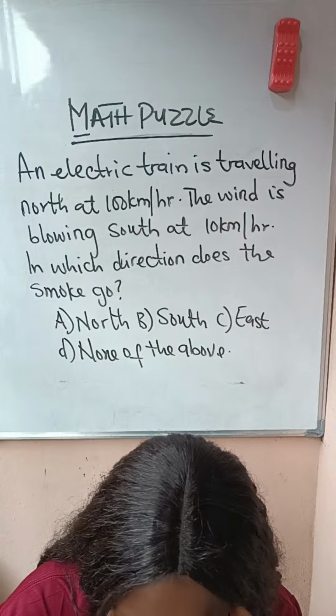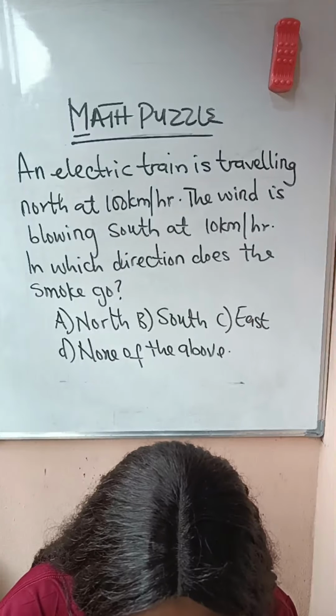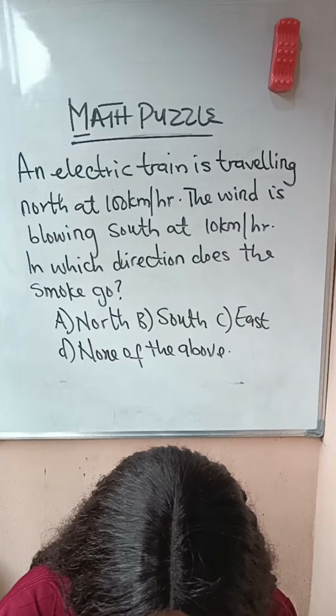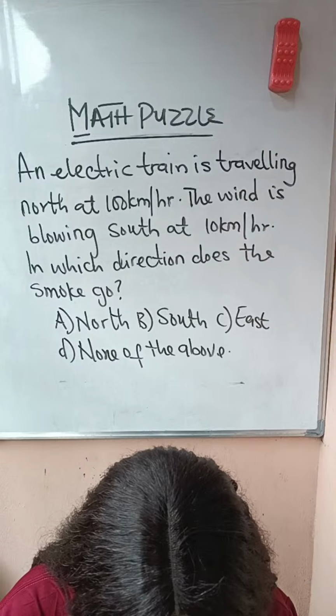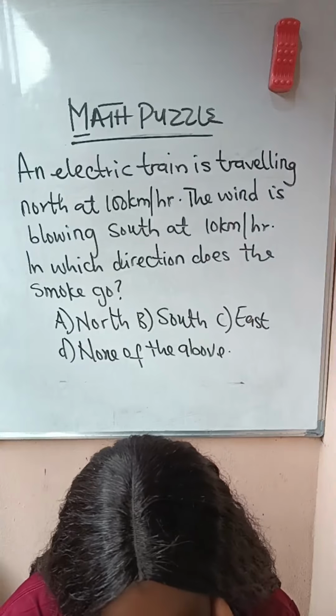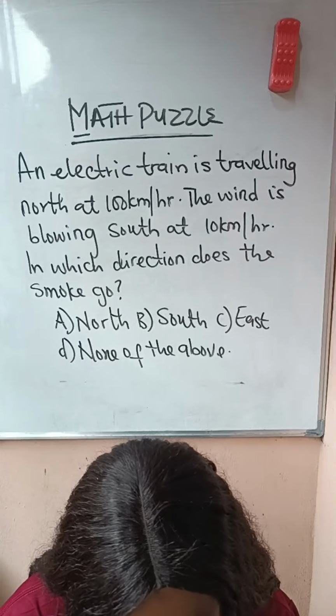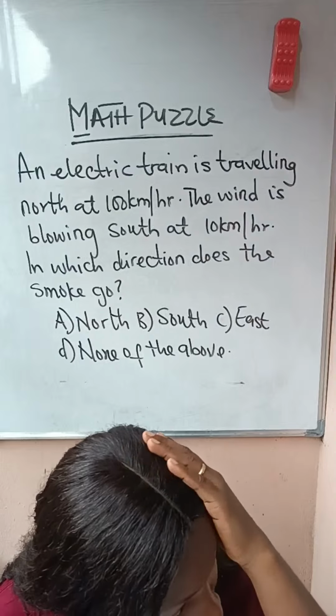The wind is blowing south at 10 km per hour. In which direction does the smoke go? AK says D. Thank you for joining us again today.